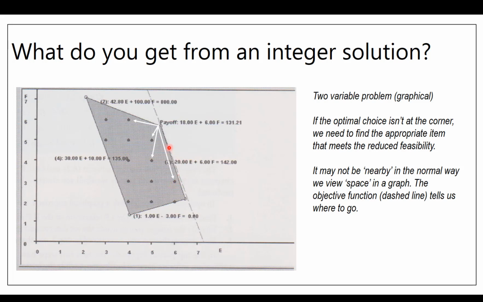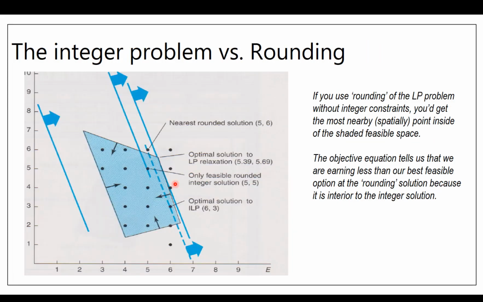So it's probably the boundary that is nearest in slope to the objective equation, and then what integer combination is nearest to that would be the spatial way of thinking about it. Okay, so the rounded solution here, this is from an old textbook, but I like the graph. The nearest rounded solution is 5 and 6, and you can see that it is demonstrated here to be infeasible.